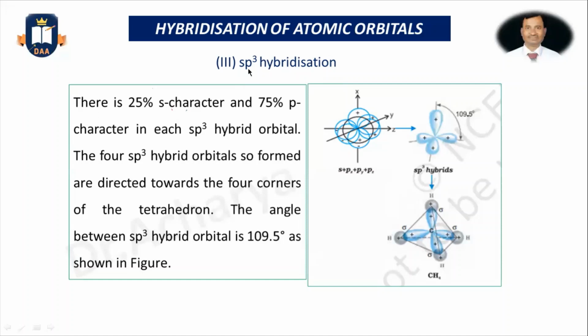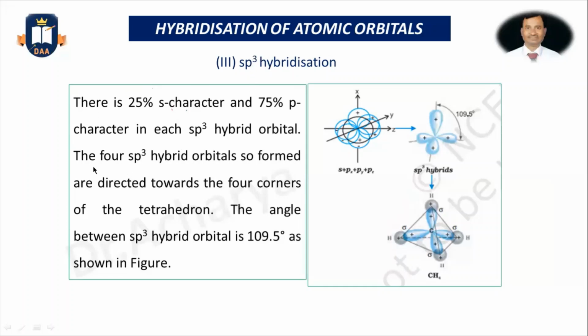In sp3 hybridization, s character is 25% and p character is 75%. Calculation: if you consider the hybridization as 100%, and then one s orbital and three p orbitals, so 1 plus 3, that means 4, so 100% divided by 4 gives 25% for the s character and 75% for the p character.